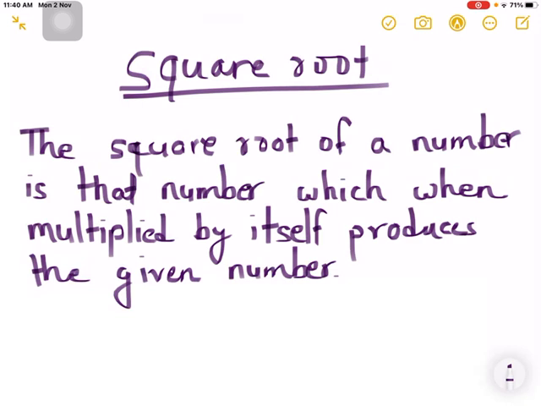Okay, now let's read this again. The square root of a number is that number which when multiplied by itself produces the given number.